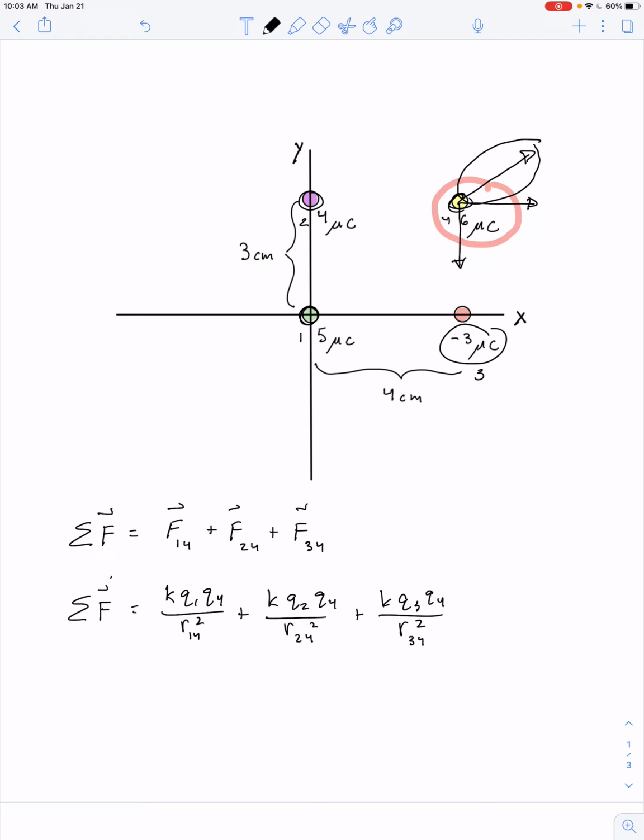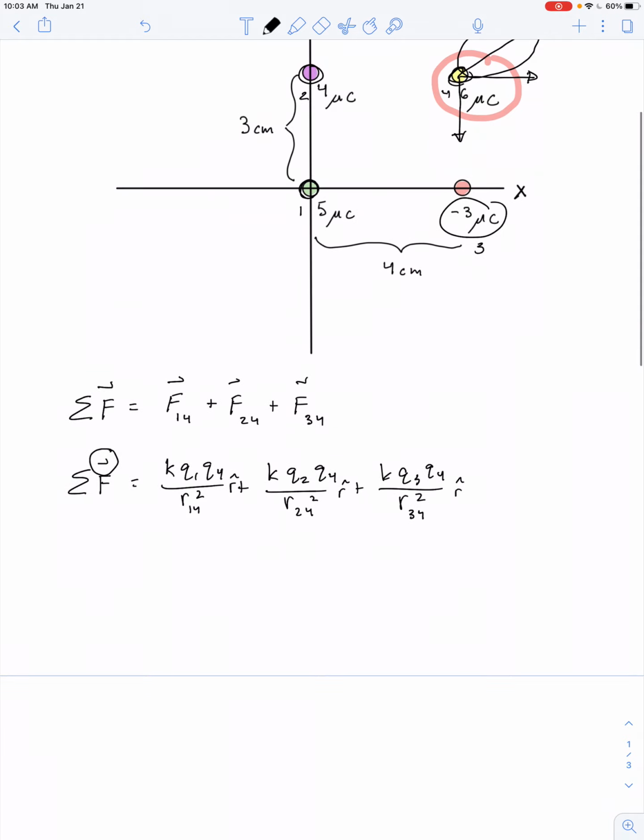Now if I really want to be correct, this is a vector summation, so there's going to be some R hat on all of these. Anyway, the one quantity that every one of these terms has in common, well, there's a couple of them, they all have a K, but they all have this Q number 4, right? So we could factor that out.